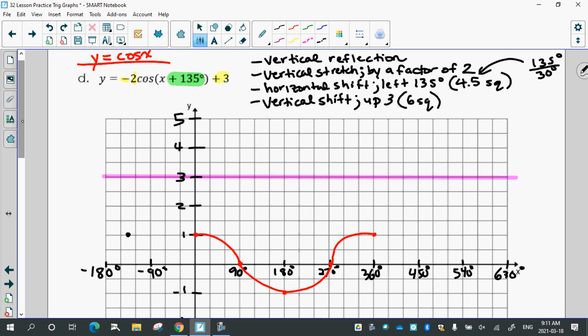Does everyone agree? Vertical stretch, it's still going to stay where it is, right on the axis. Then I'm going to move left 4.5 squares, 1, 2, 3, 4.5, and up 1, 2, 3, 4, 5, 6. So it should be right there. Okay? Pretty good?